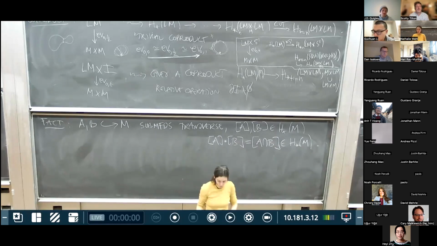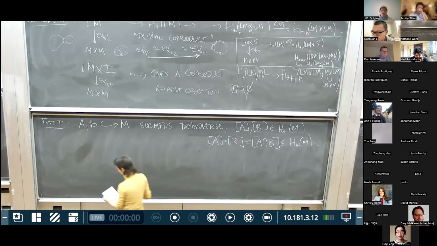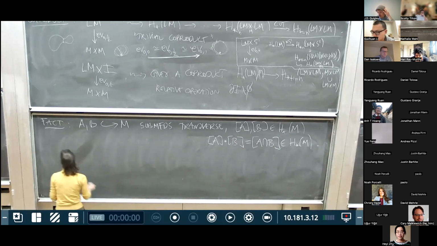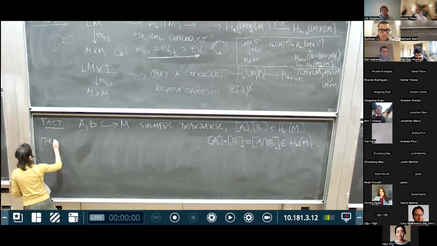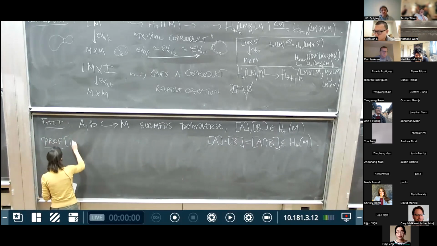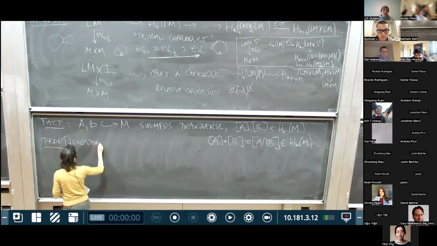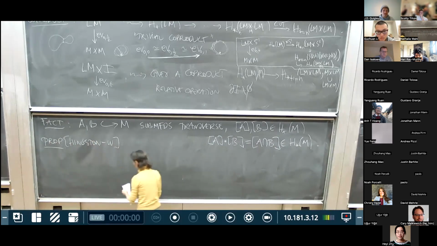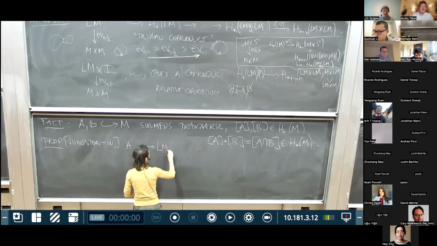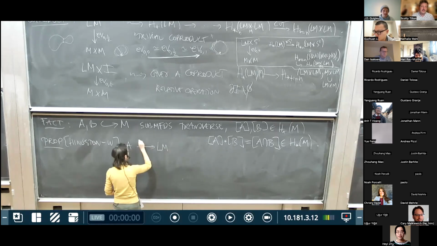Okay. So what's the version of this for the string product, the Chas-Sullivan product? Now I'm in the homology of the loop space, and let me give a name to these maps.